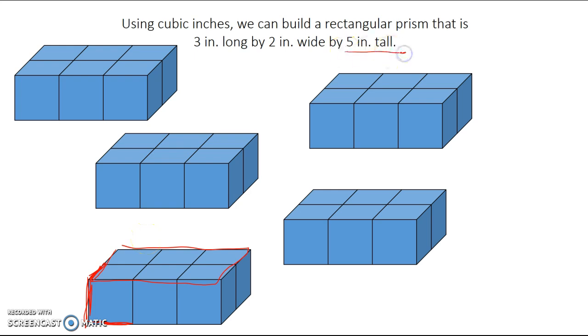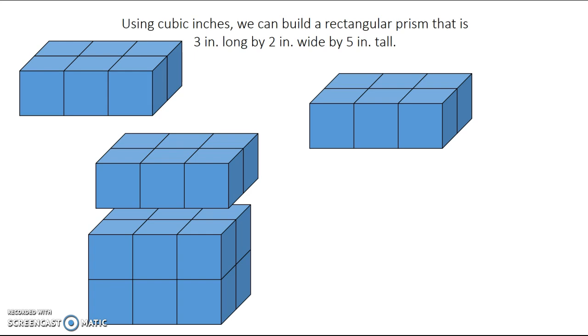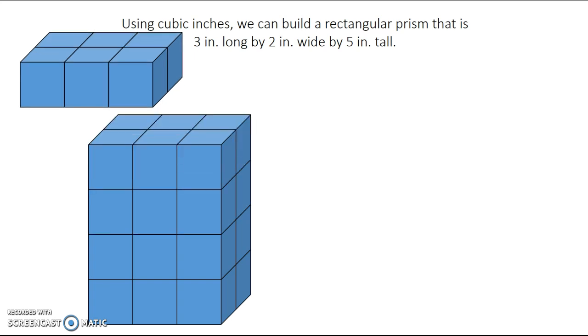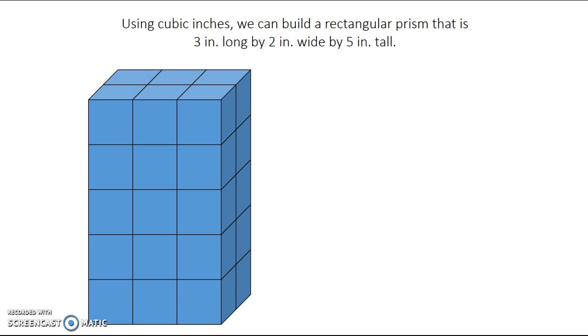And since it's 5 inches tall, I'm going to stack 5 of these on top of each other. So there's my second, there's my third, there's my fourth, and there's my fifth. Now altogether, each of these layers, you may have noticed, had 6 cubes, because 3 times 2 is 6. And I repeated those 6 cubes 5 times in my stack.